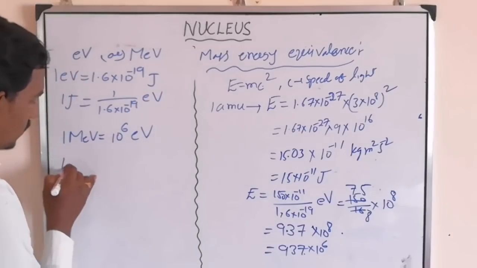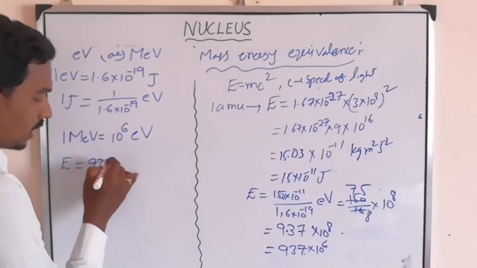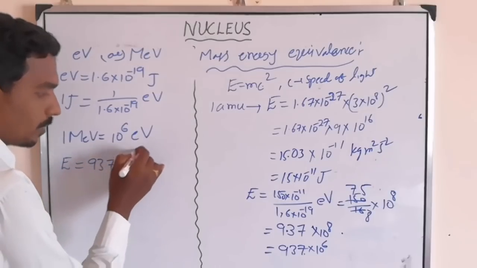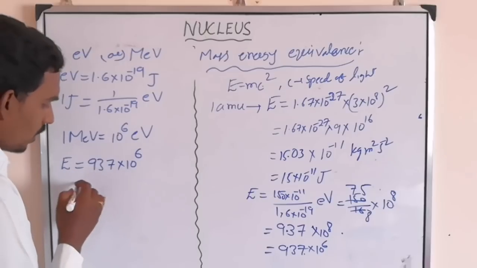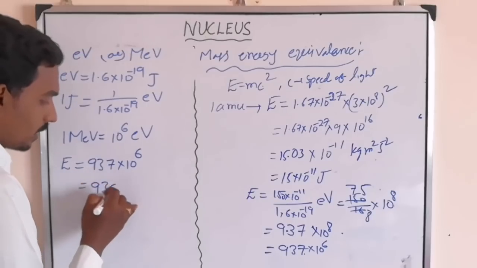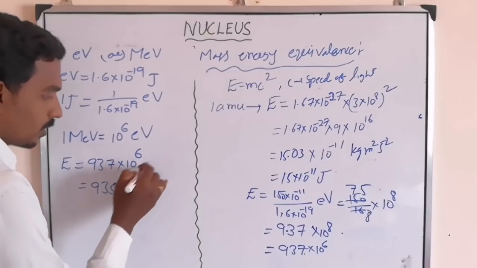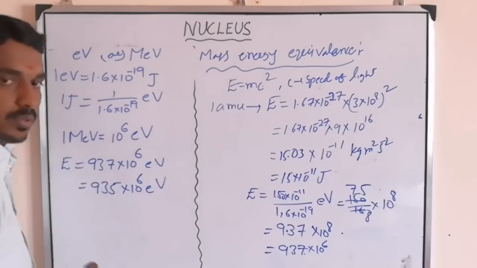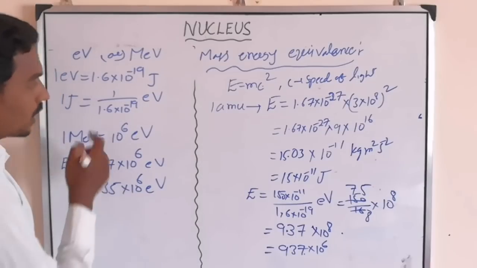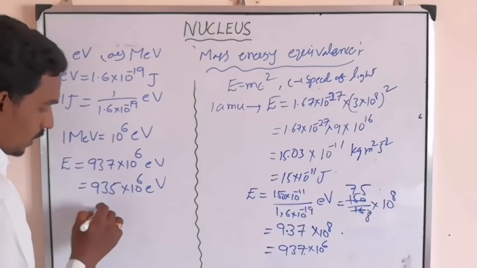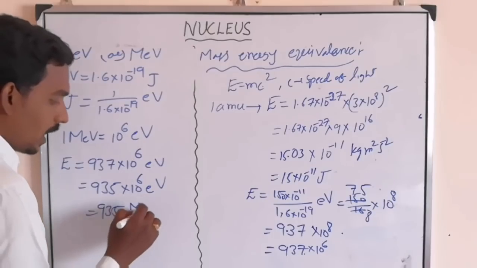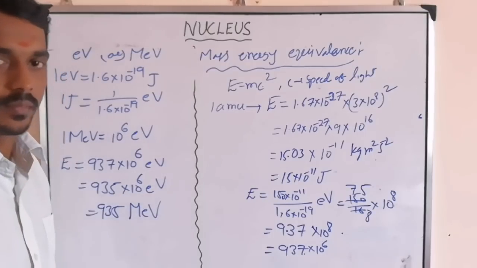So 937 into 10 power 6, or sometimes they give approximately 935 into 10 power 6 electron volt. But 10 power 6 I can write as mega, so 935 mega electron volt.